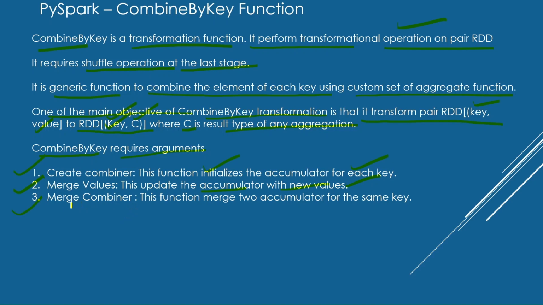And the third function will merge the two accumulators of the same key. So here we are updating the accumulator, and here we are merging two accumulators with the same key.